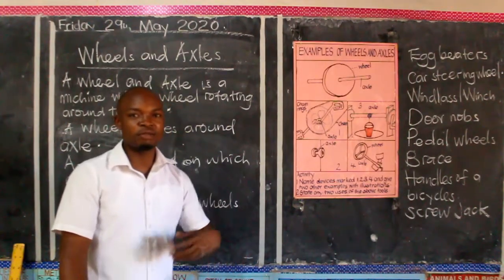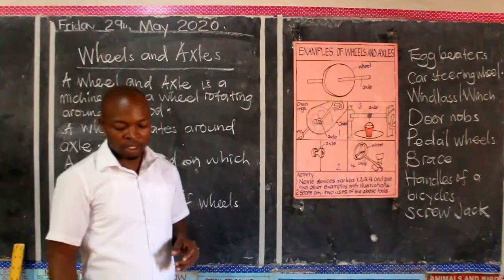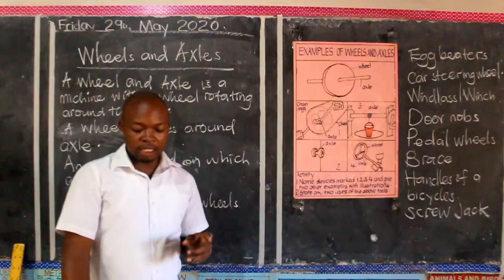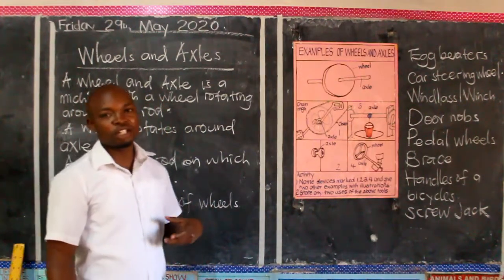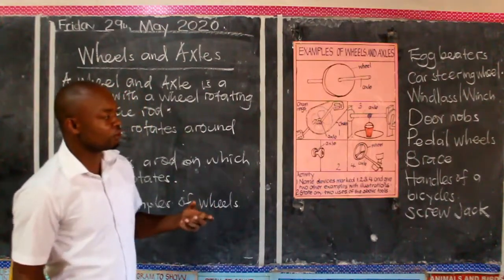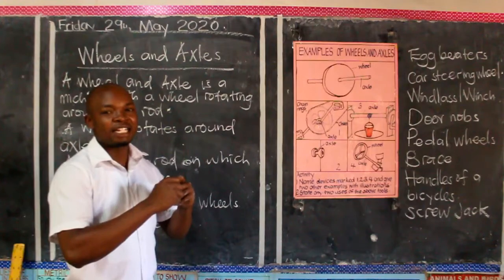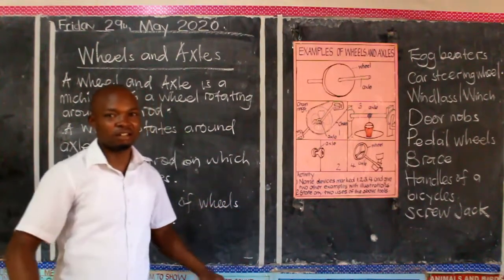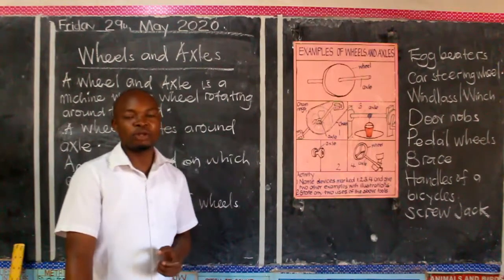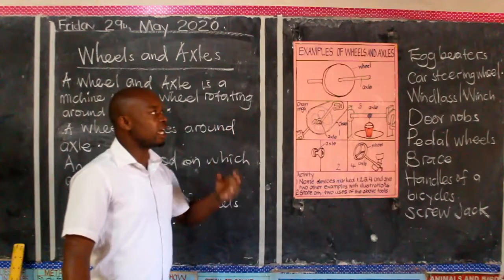So you use an egg beater and you make your omelette very fast there in the morning. We also look at what helps in loosening screws, to loosen, to untie, to make something not so tight. That's what we're saying on the talk of wheels and axle.